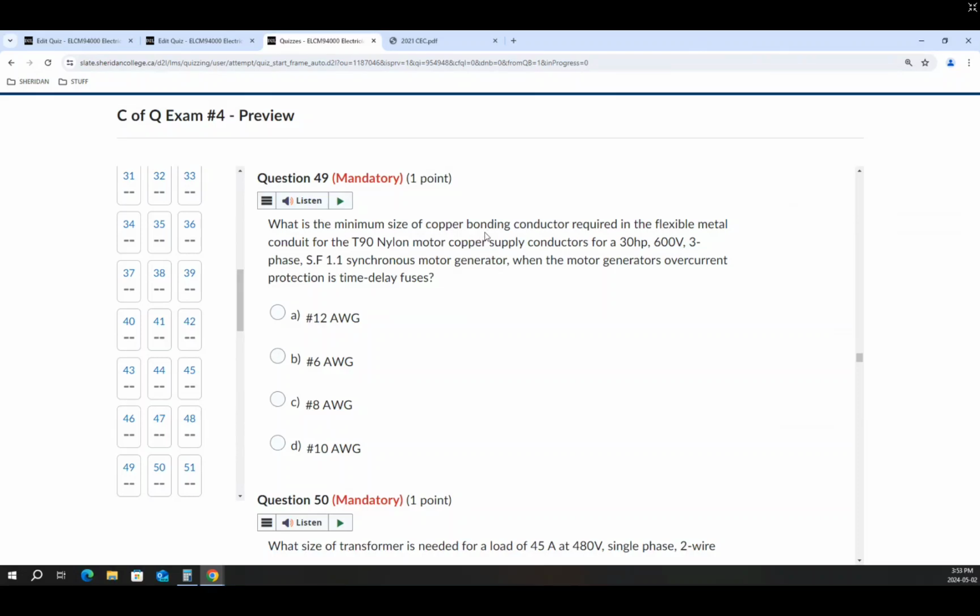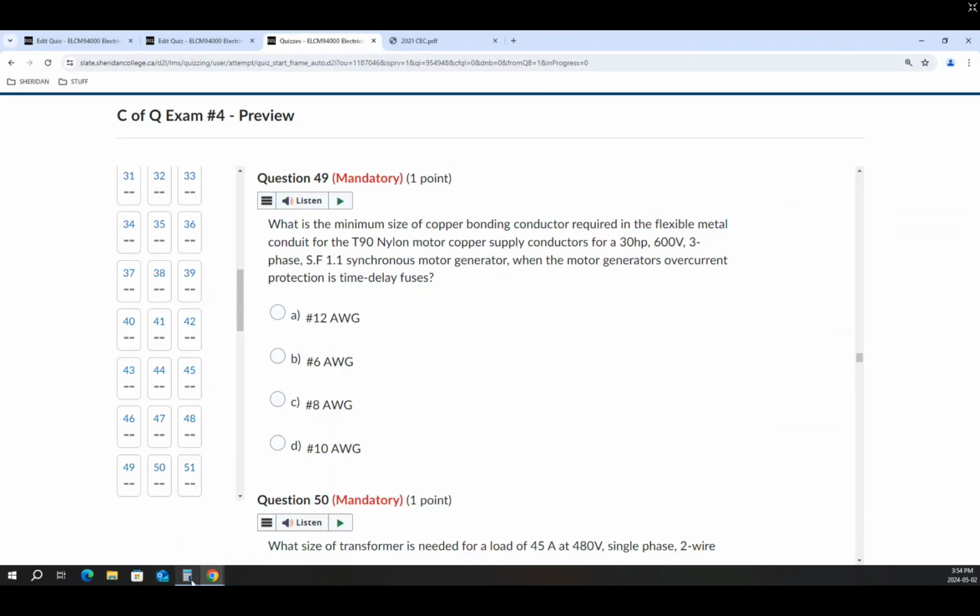Okay, hang on. What's the minimum size of copper bonding conductor required in the flexible metal conduit or motor when the motor generator's overcurrent protection is time delay fuses? So again, it's giving us extra information that we have to sift through. What we need to do is find out what our supply conductors are.